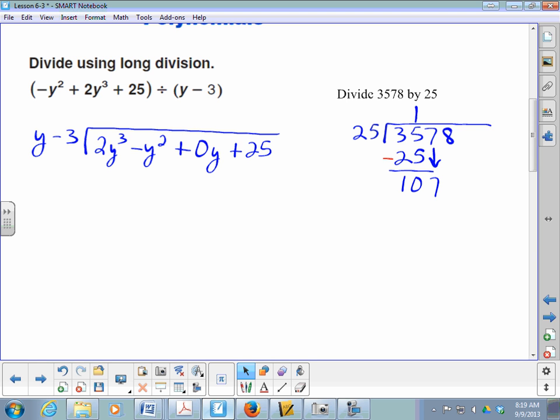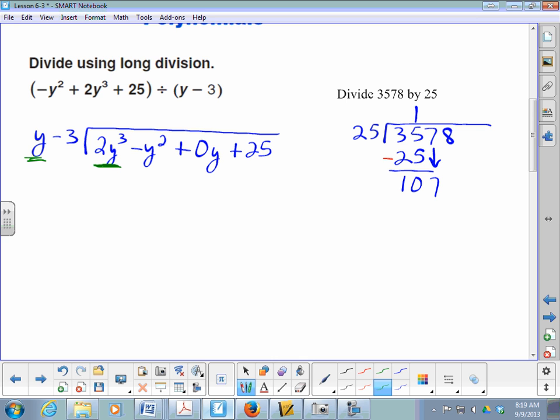Now with polynomial long division, we're basically going to do the same thing here. We said, okay, how many times is 25 going into 35? And we found 1. In this case, we're always going to focus on just the first term of our divisor and the first term of our dividend. And we're going to divide with them.